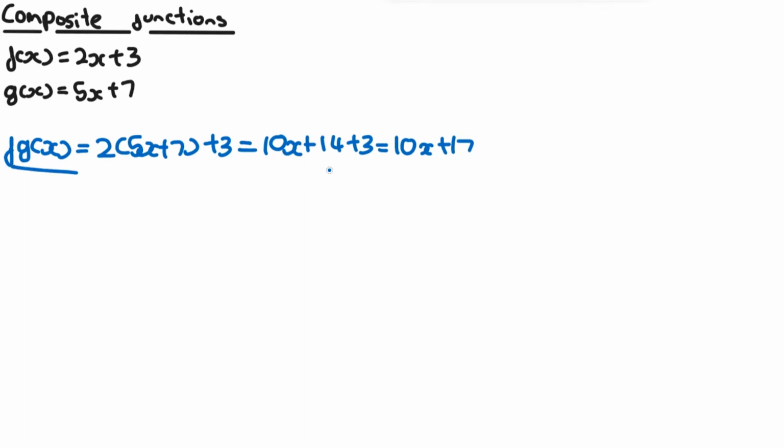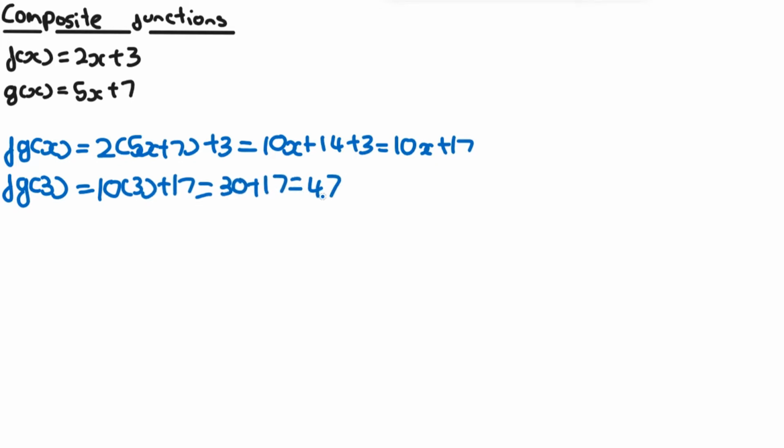So fg of x is equal to 10x plus 17. And if we need to find fg of 3, we would just plug 3 in as x into this function. So it would be equal to 10 of 3 plus 17, which is equal to 30 plus 17, which is equal to 47. So fg of 3 is equal to 47.